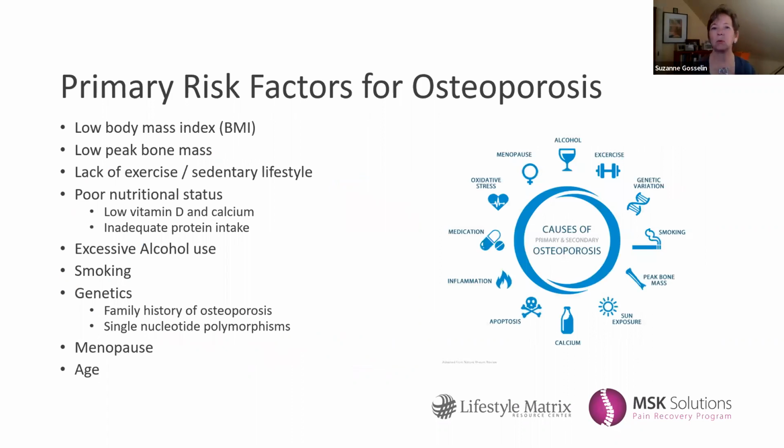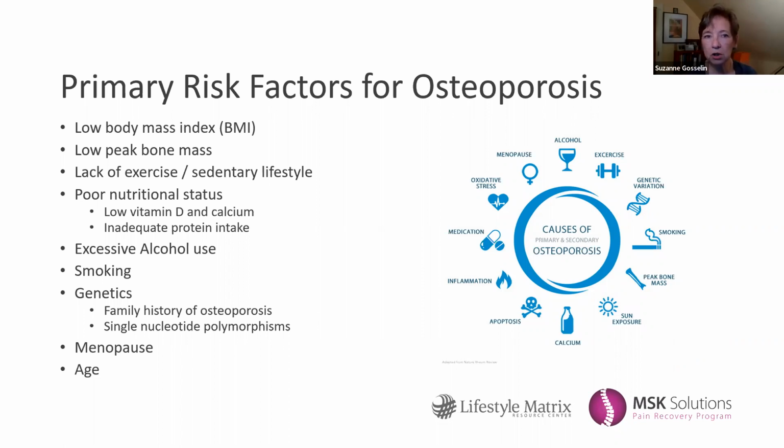But let's talk about what the primary risk factors are for osteoporosis. We've talked about not being able to really capitalize on developing peak bone mass in our 20s or our 30s, but also individuals who have a low body mass are at risk for osteoporosis because of the lack of muscle, as well as slight skeletal build, which result in a low body mass index.